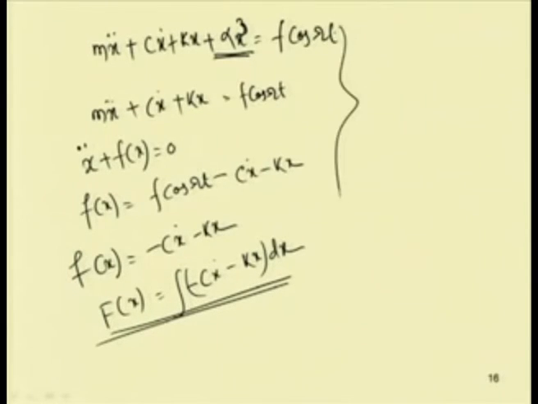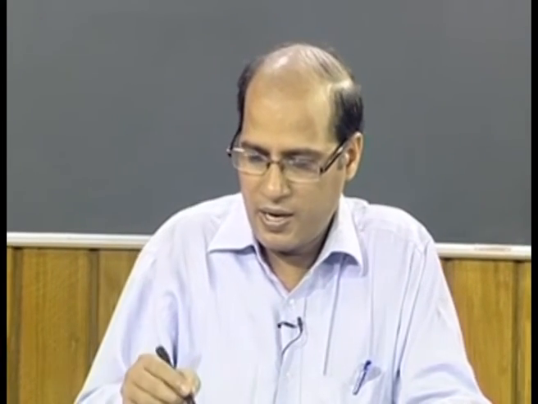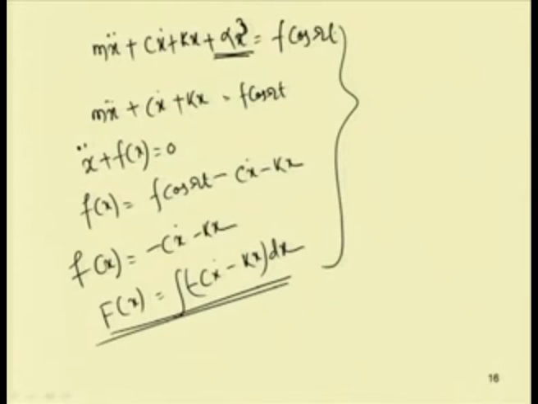In this case, instead of getting a center, we can see later that one can get what is known as a focus. Instead of getting a periodic response, one can get a response which will die with time.